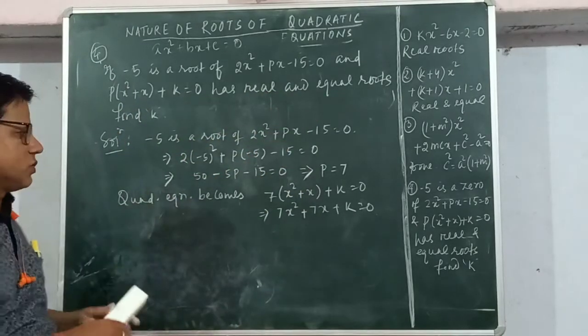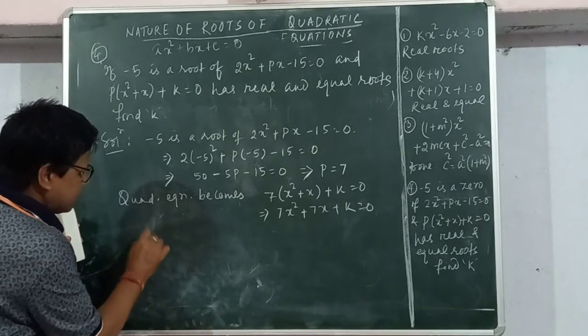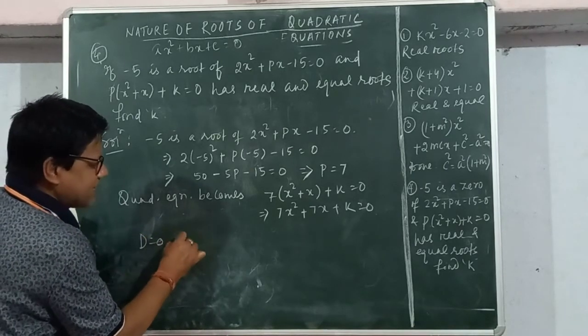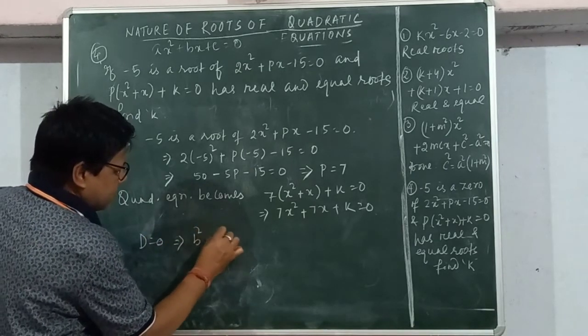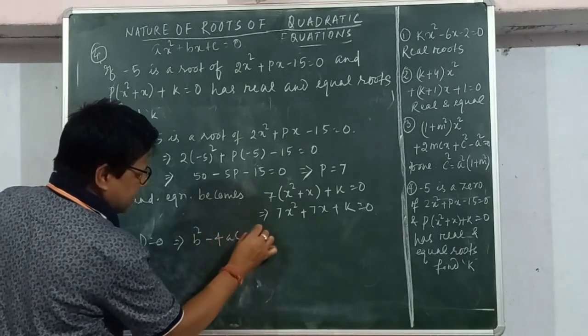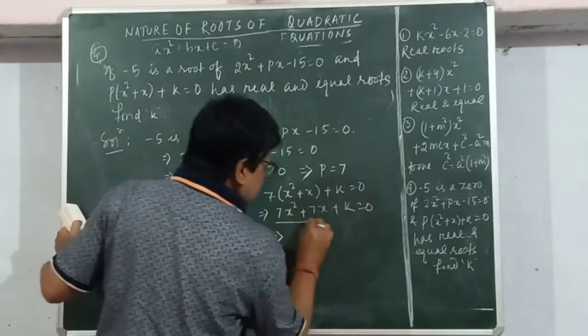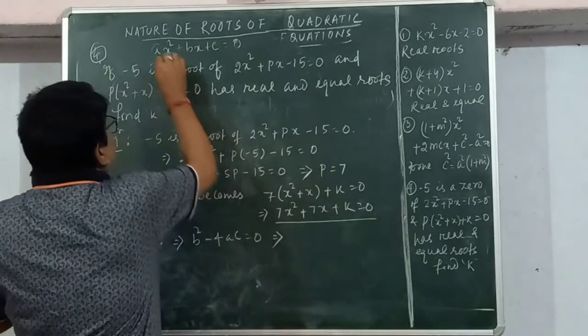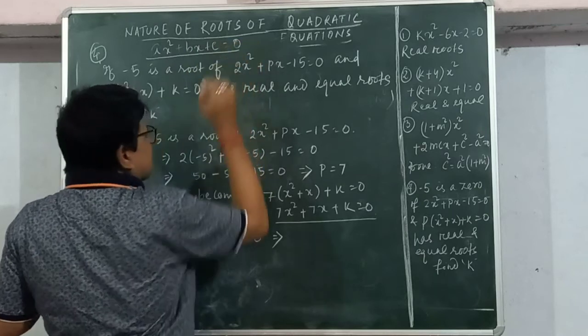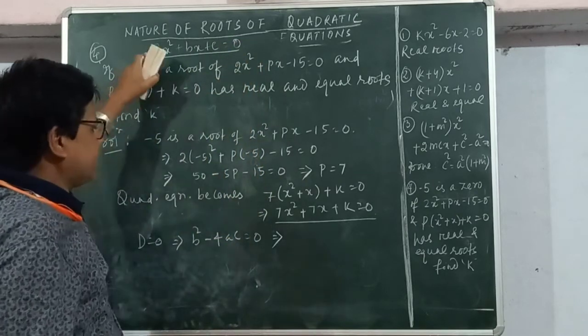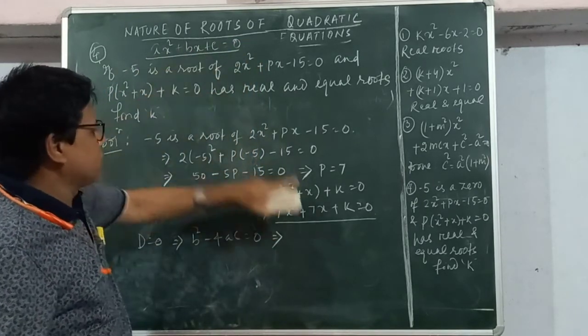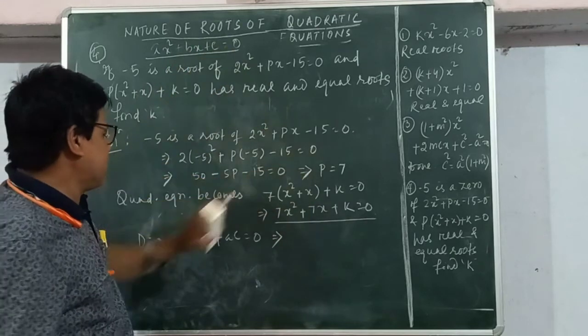Therefore the discriminant is 0, implies that b square minus 4ac is equal to 0. Now compare this equation with the general form, ax square plus bx plus c is equal to 0. So a is equal to 7, b is equal to 7 and c is equal to k.